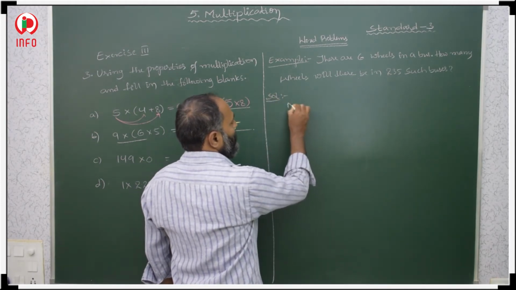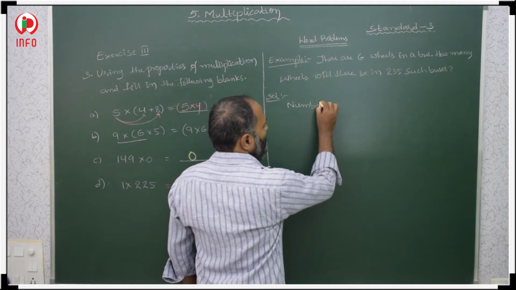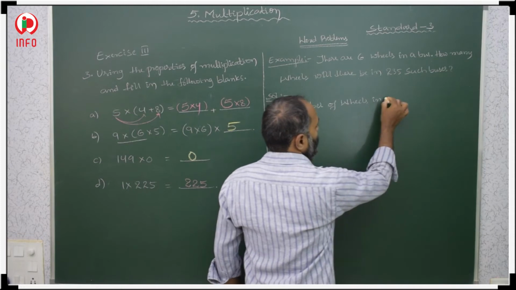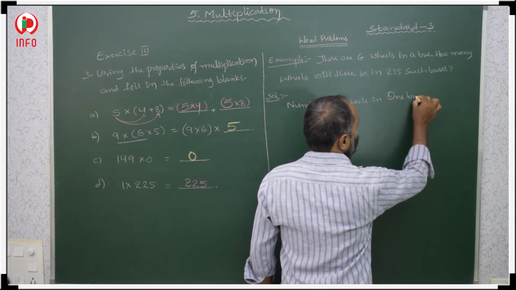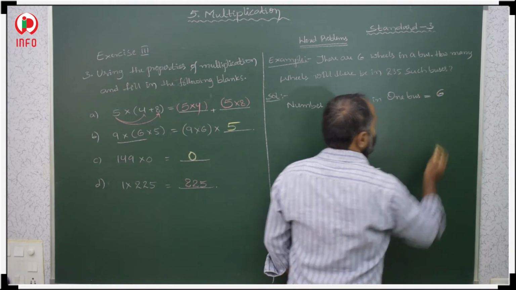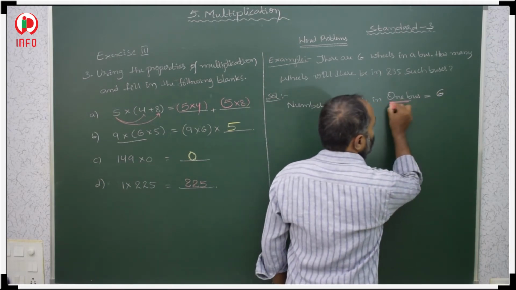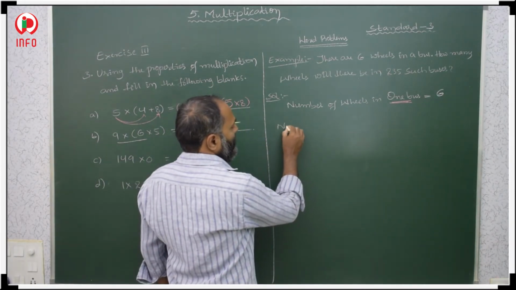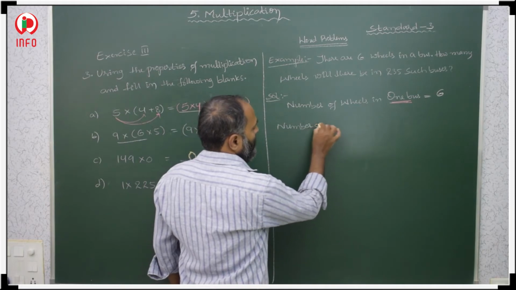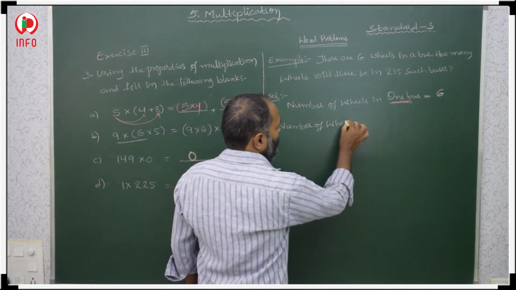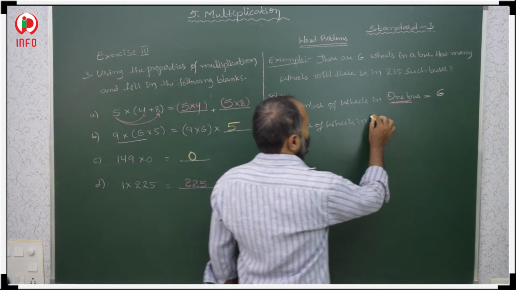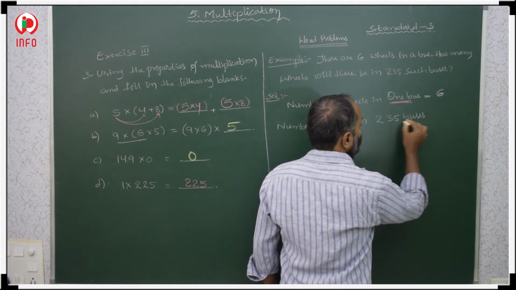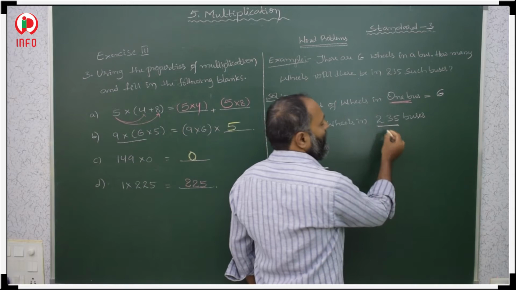Solution. Number of wheels in one bus is equal to 6 wheels. Then number of wheels in 235 buses is what he is asking.